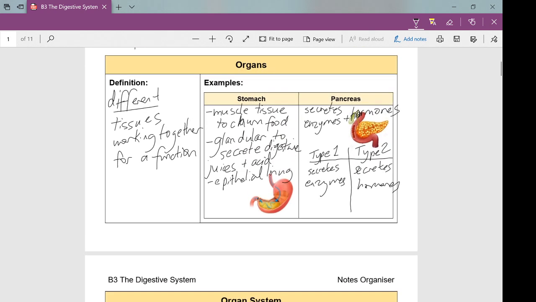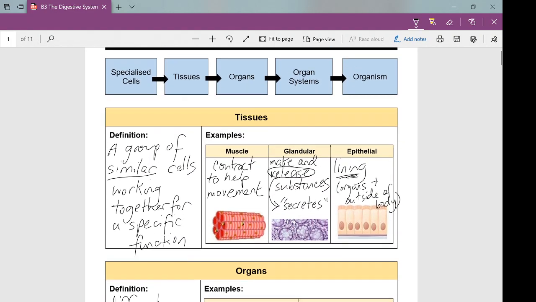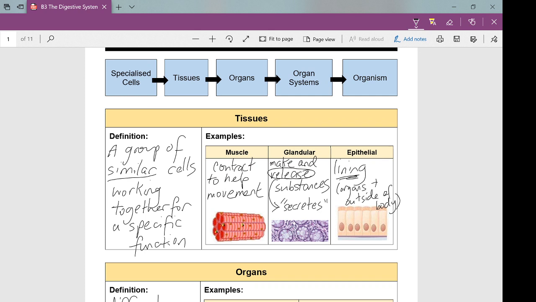Right. So we just talked about a bunch of organs. Just as a quick recap, you've covered specialized cells earlier in year 9, and as well in Key Stage 3, so all the different types of cells that have a specific job, such as a muscle cell, nerve cell, or cells in your skin, things like that.